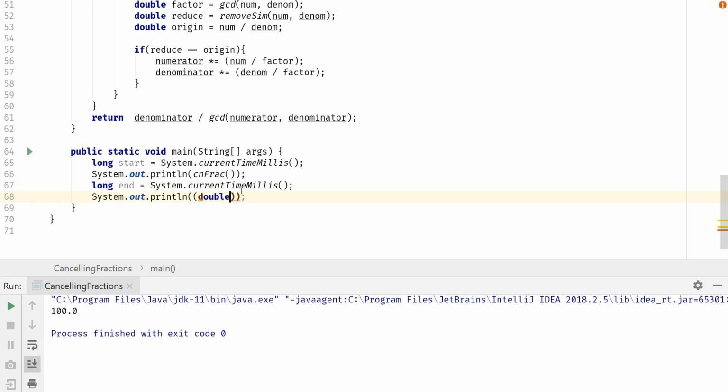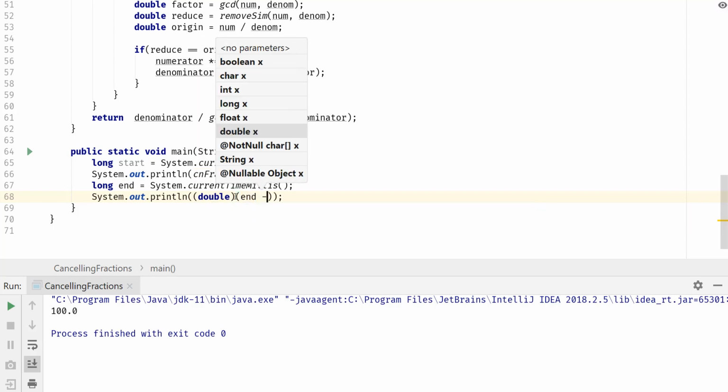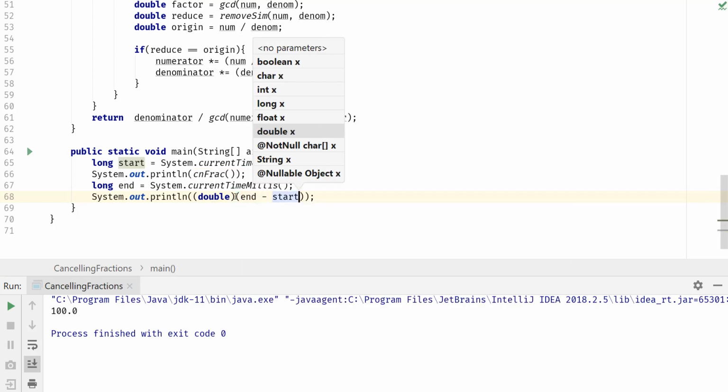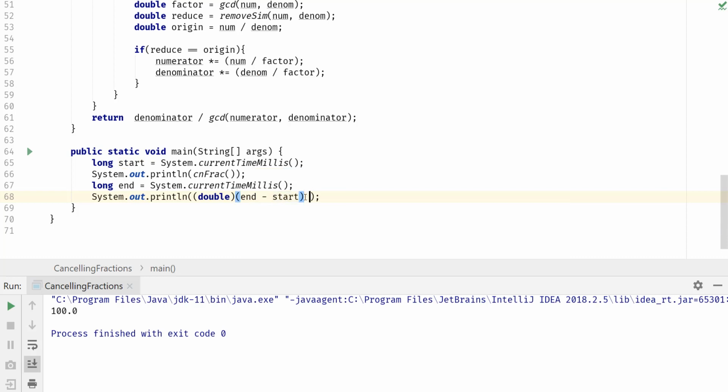Let's cast the first one. Let's do n minus start, and then divide this by 1000 so we can get it in seconds. If we run this, you can see that the runtime is pretty good. It's less than a second. So this is not a bad runtime.